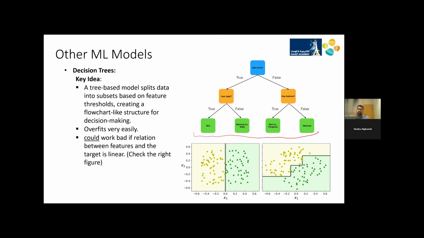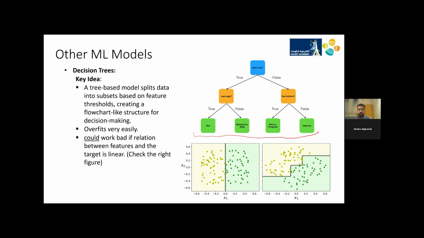overfit very easily. Since you are making your questions based on some training data, when you encounter some new data in the test set, you might encounter something which you haven't thought about before, and none of the questions seem right for it.